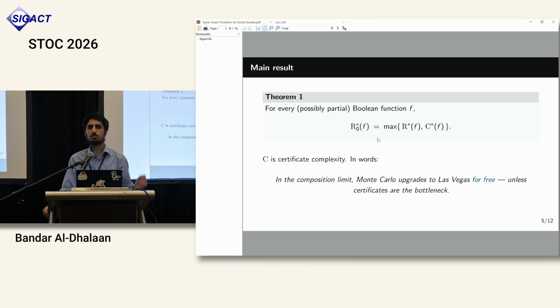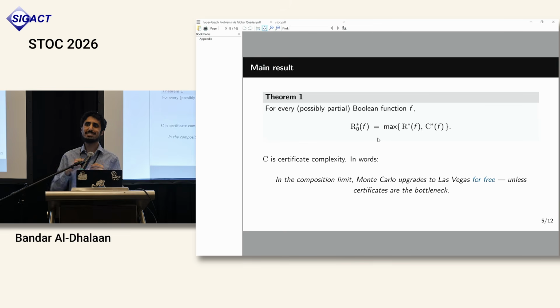For any possibly partial Boolean function, R0 star of f is equal to the max of R star of f and C star of f. Now, C is the certificate complexity of a Boolean function. Remember, in query complexity, we are querying the input bits to discover the output of the Boolean function.